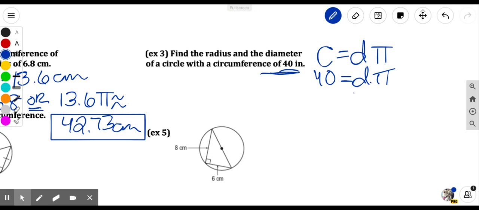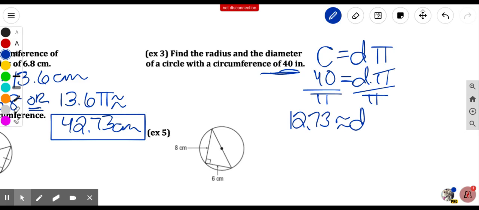So if I want to get the d all by itself, I can divide both sides by pi. Remember, pi is just a number. It's approximately 3.14. You do not want to type 3.14 in your calculator. All calculators, whether it's scientific or like a phone calculator, if you turn it on the side, should always have a pi button. So this diameter here is approximately 12.73 inches.